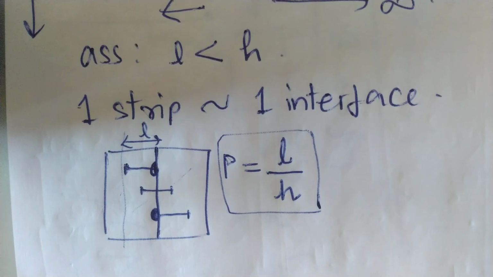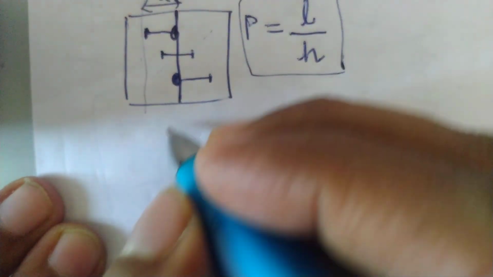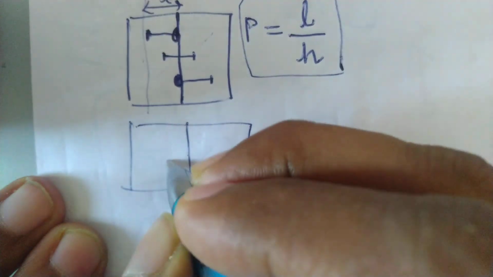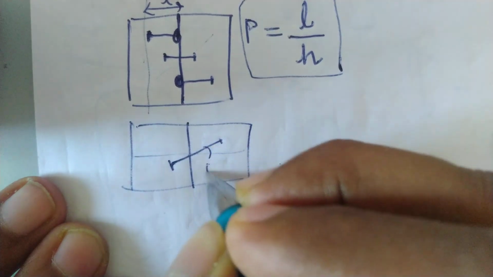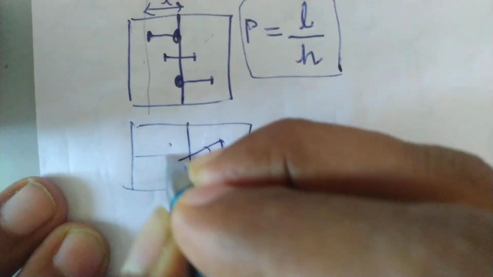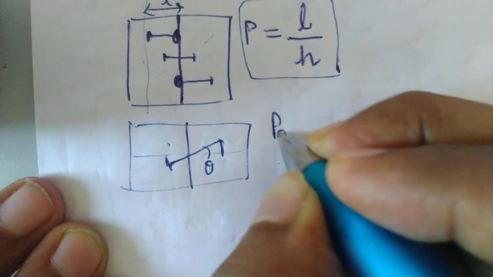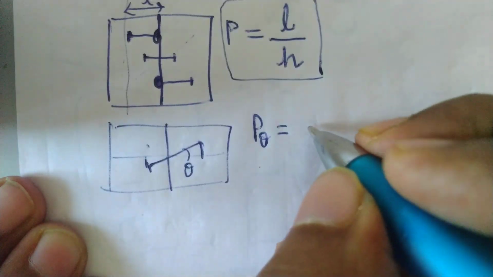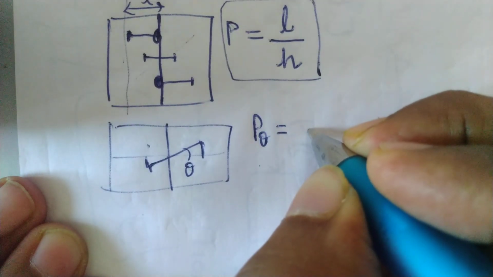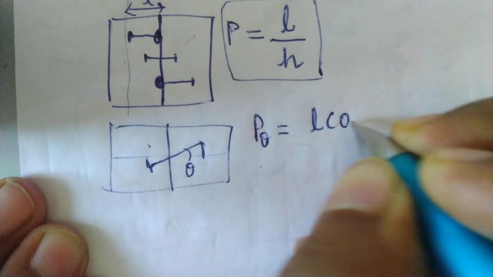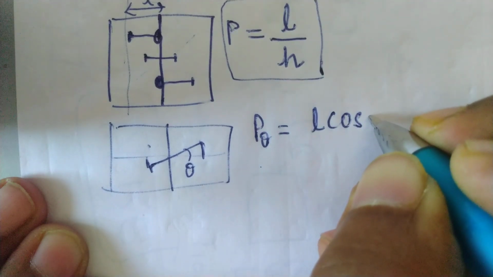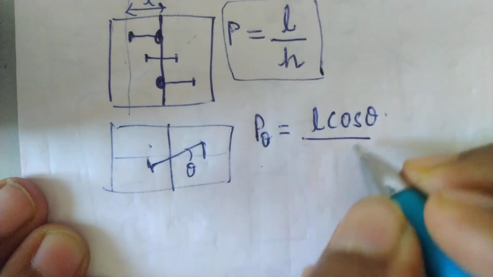But now if you assume that you are at an angle, let's say theta, then this effective L reduces. So p of theta is nothing but L cos theta by h.